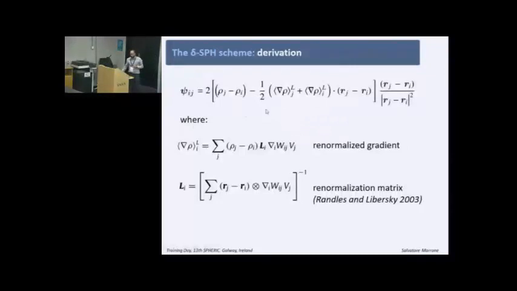It means that we use the renormalization matrix that was defined firstly by Randles and Libersky in 2003 to compute these gradients of density, and then we put this inside this term. It's important to say that this renormalization allows us to evaluate density gradients also when the kernel is truncated. So close to surfaces and boundaries, thanks to this renormalization, we can avoid introducing the error of the truncation of the kernel.